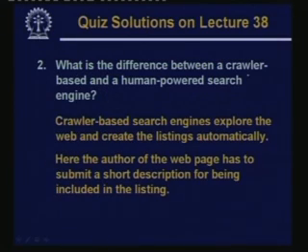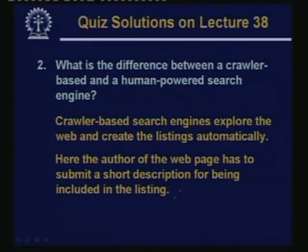What is the difference between a crawler-based and a human-powered search engine? Now, crawler-based engines, as the name says, will go from one website to another automatically. They will be exploring the web and creating the listings and the dictionary index automatically.